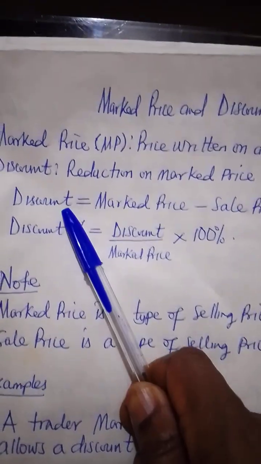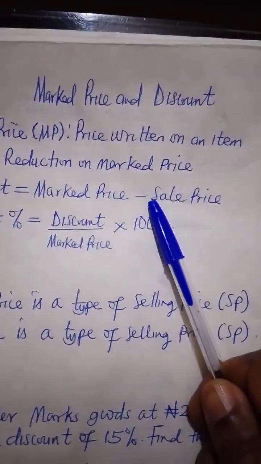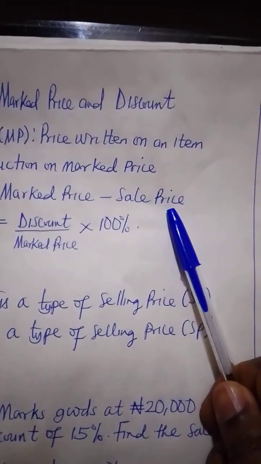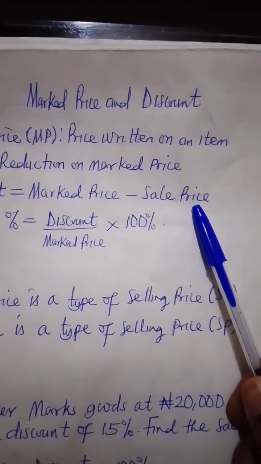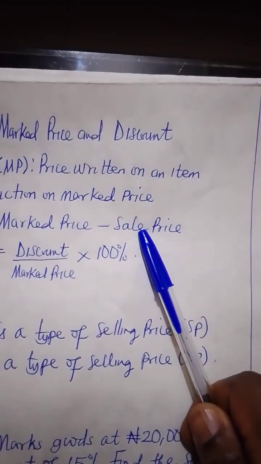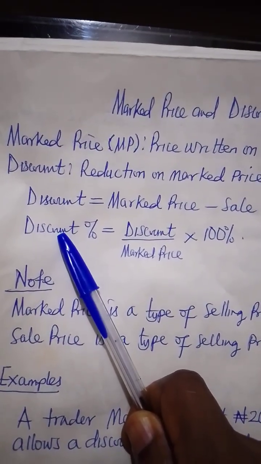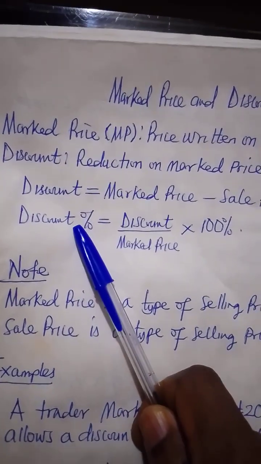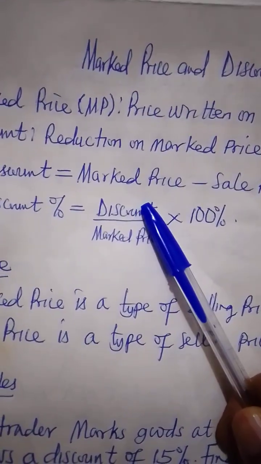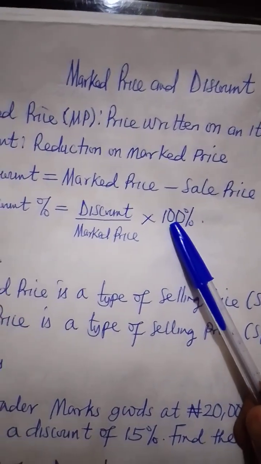And then to get your discount is simply marked price minus sale price. This sale price can also be taken as selling price. So then percentage discount or discount percentage is discount over marked price times 100%.